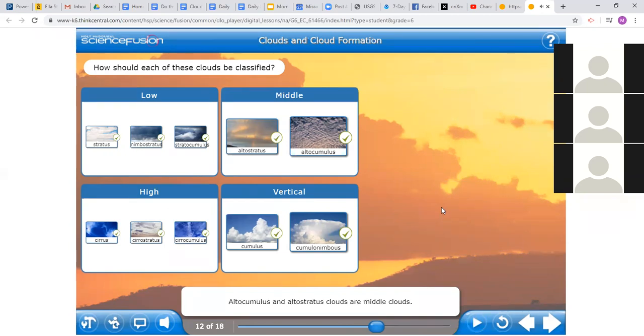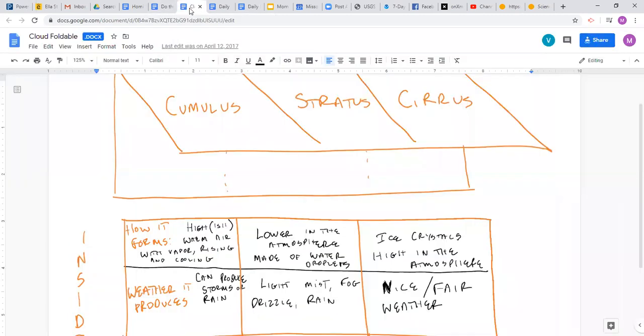So here's the point I would like to make as we wrap up. I see 10 different cloud types. As opposed to you having to memorize 10 different cloud types, I would rather you know 5 different Greek prefixes and their meanings.